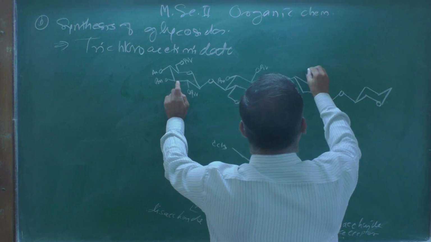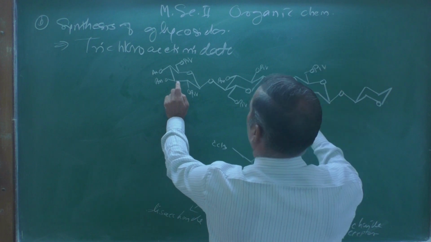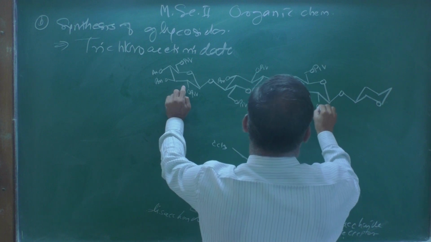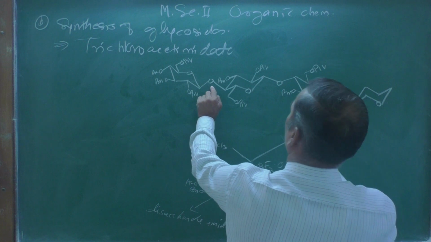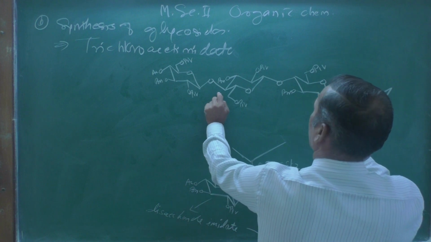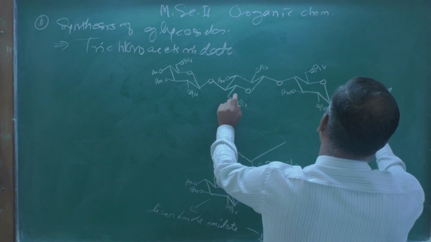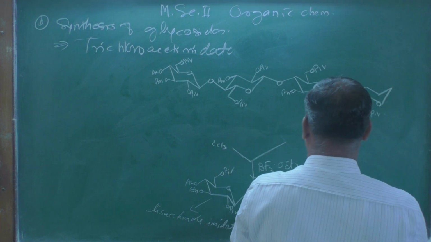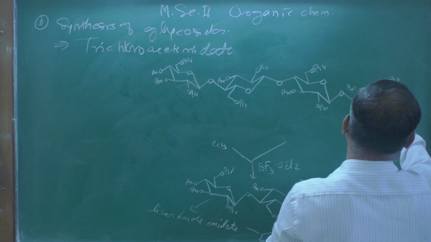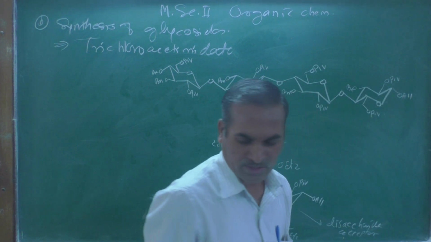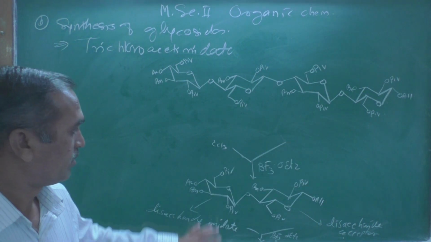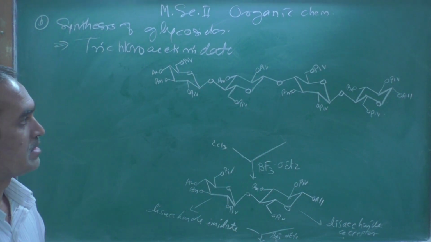Here OPiv, then at the equatorial position OBn, here OPiv, and this is similar to this one. So OBn, then here OPiv, and at the terminal position OPiv and here O. So this is the compound we are getting here. From this we can get this one selectively.